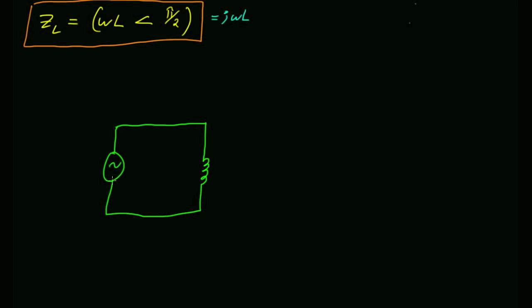So let's say that my input voltage is a cosine. Let's pick a frequency. I need a frequency that's going to match my inductor. So let's say my inductor is 1 millihenry.